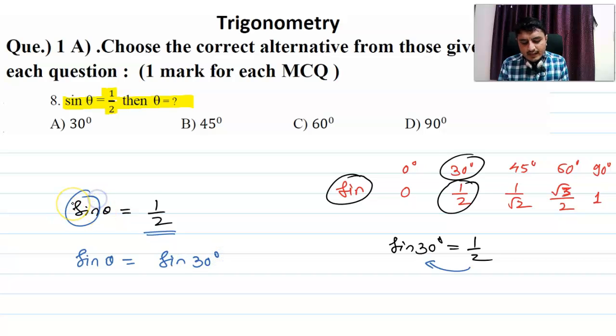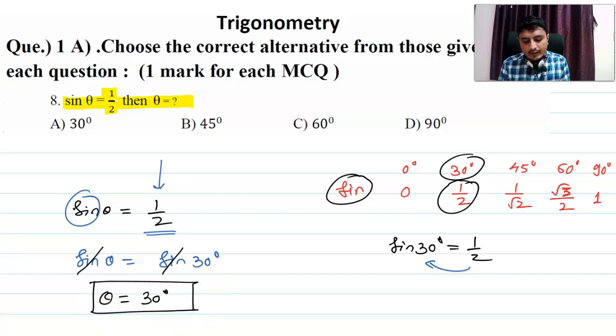The sine ratio from both sides gets cancelled. So the value of theta equals 30 degree. Look at the correct choice. Choice A is correct, that is 30 degree.